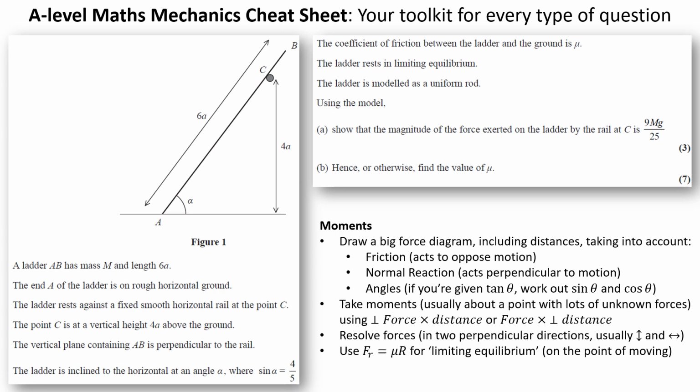When you take moments, sometimes it's more efficient to use the perpendicular force multiplied by the distance, and sometimes it's easier to use the perpendicular distance to the line of the force and then just multiply by the force. They both come out exactly the same. And the final thing to remember is you can always construct another equation connecting the forces together, because friction at its maximum is equal to mu times R.